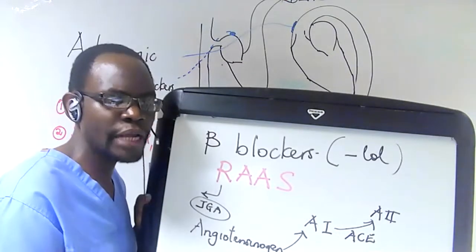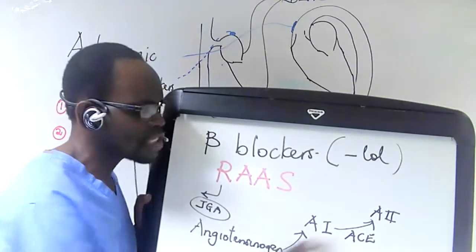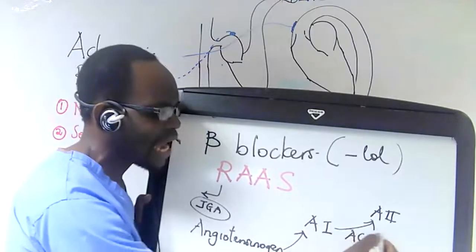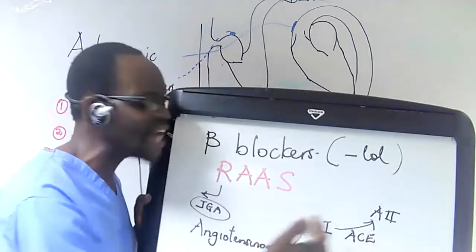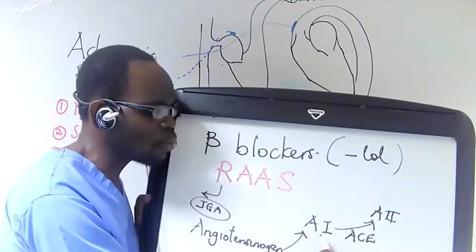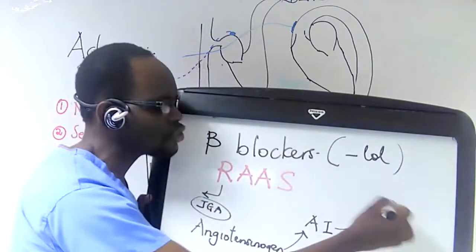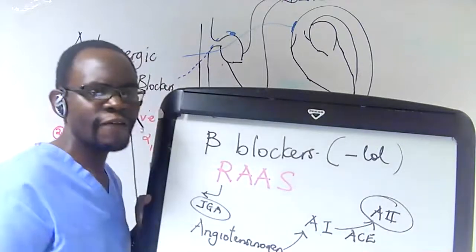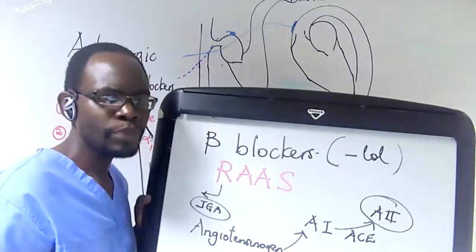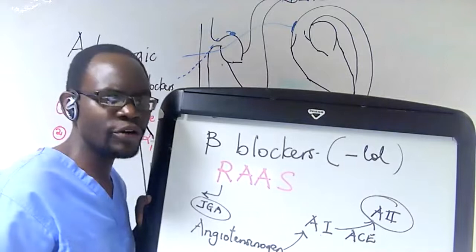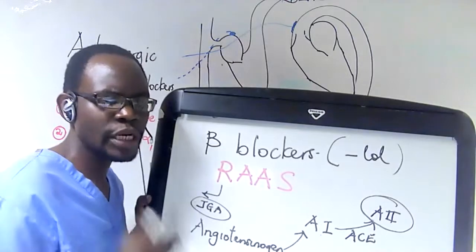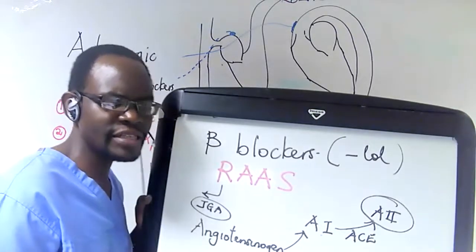Now this angiotensin 2 is a very potent vasoconstrictor. But not only does it do vasoconstriction, it also does other things, as we shall see.